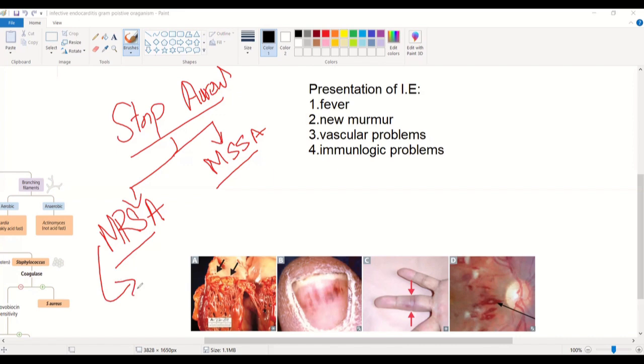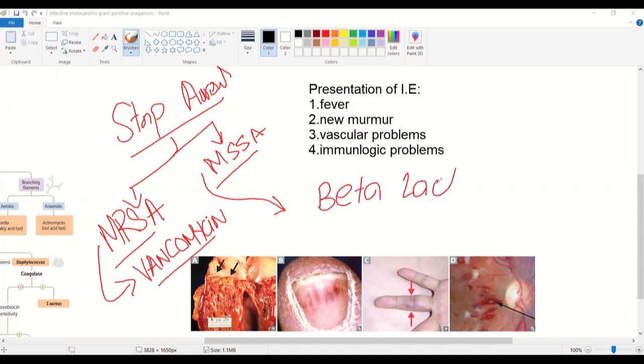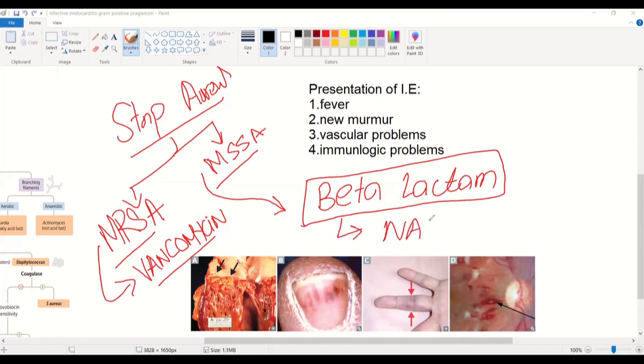Which antibiotic? Vancomycin. So this is again a high yield point, vancomycin. And what is the treatment of MSSA? Beta lactam. Most appropriate. If beta lactam is not present, then nafcillin, right?